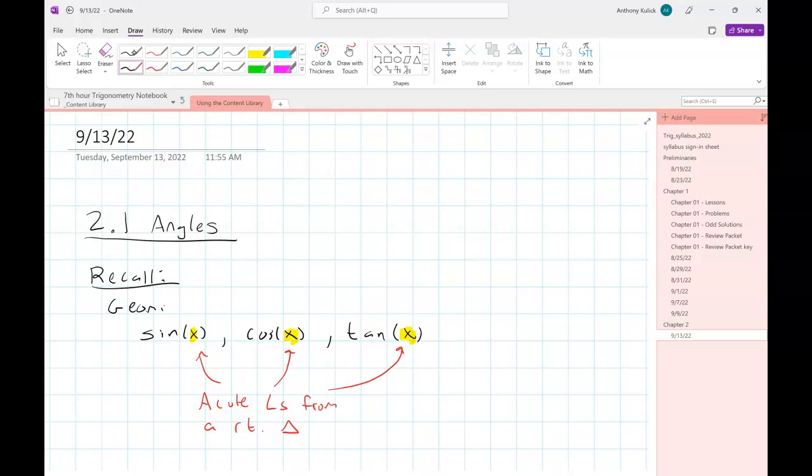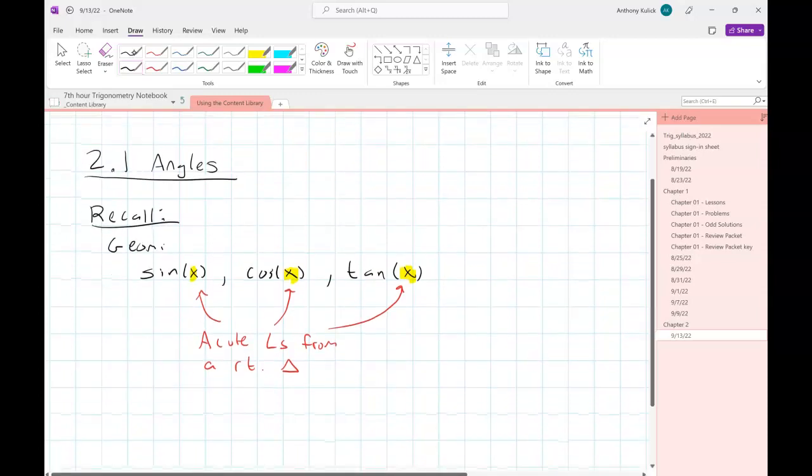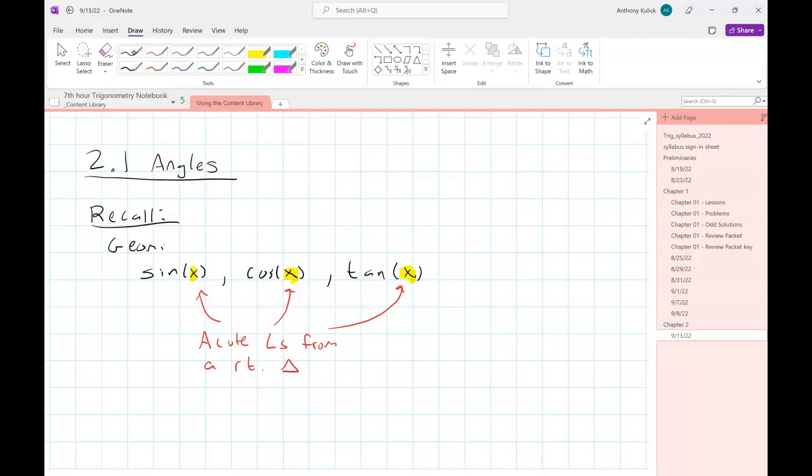So what we're going to be doing in chapter 2 is extending our definitions of sine, cosine, and tangent so that we're not limited to this geometric definition, so that we can break outside of acute angles from right triangles and begin to use sine, cosine, and tangent on any kind of angle we'd like.